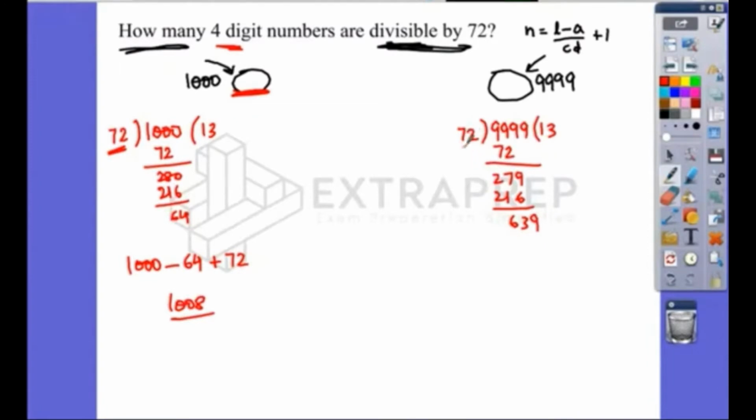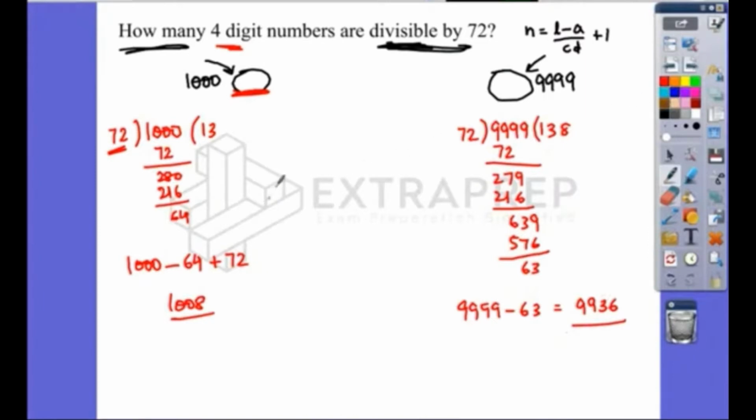So 8 times will be enough. 8 70s is 560. 2 8s is 16. 560 and 16 is 576. That's 8 times. Remainder is 63. So from 9999, you subtract 63, you're going to get 9936 as the last number, which is divisible by 72.